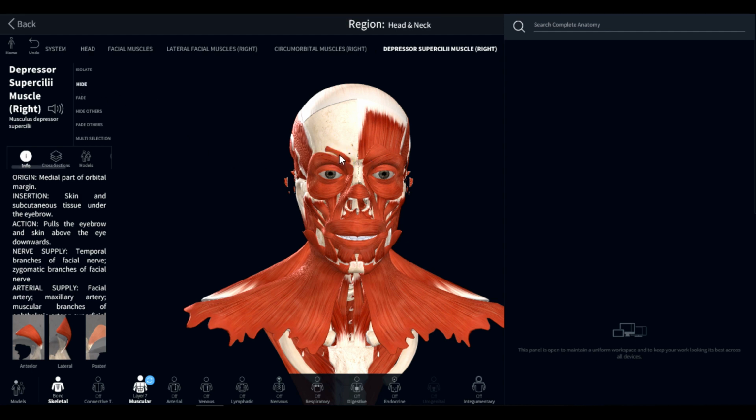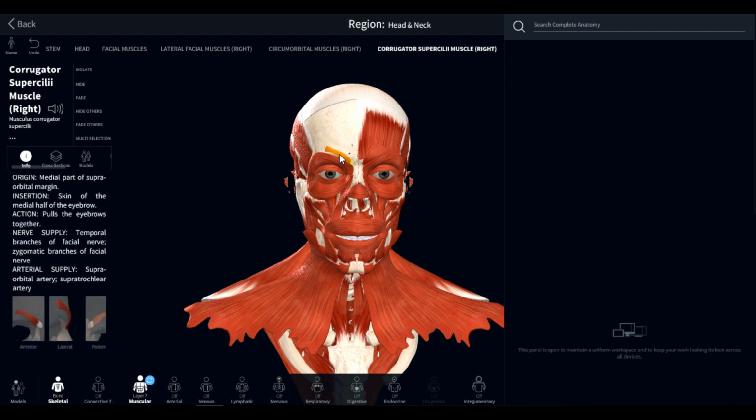Now, behind that muscle, we find the corrugator supercilii. Now, bear in mind, this is a muscle that confuses a lot of students, because when medical students go to study this muscle on bodies, this muscle is not usually seen.